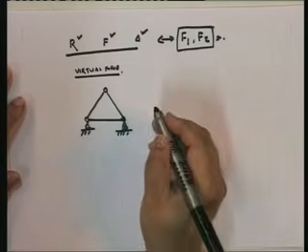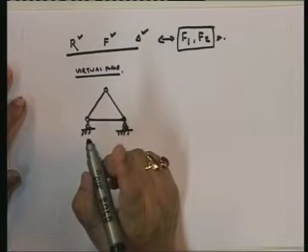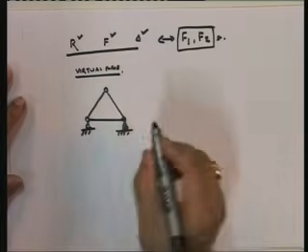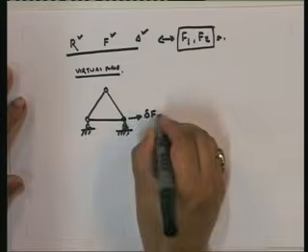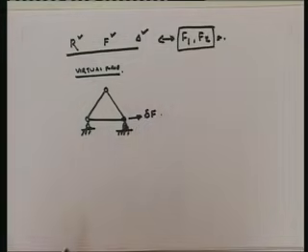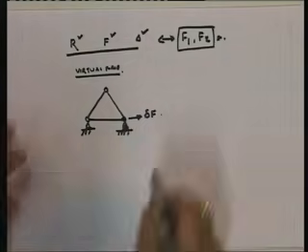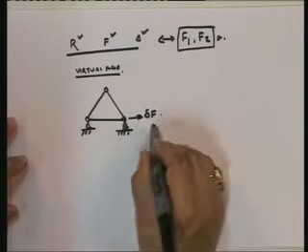Now I can choose what I want, and the way I choose is I apply only this. I do not apply any forces here. There's a reason behind it. We'll see. I apply a virtual force.